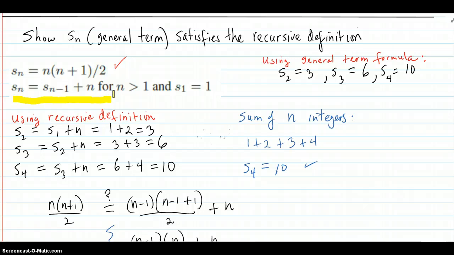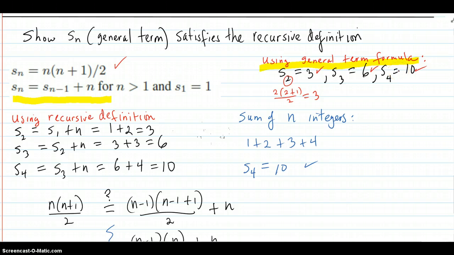So first, using the general term, just so we can see what's happening, if you plug in 2 into the formula, you get 2 times 2 plus 1 divided by 2, which is 6 divided by 2, which is 3. And if you do that procedure, you'll get these numbers. So that's what the sequence is.